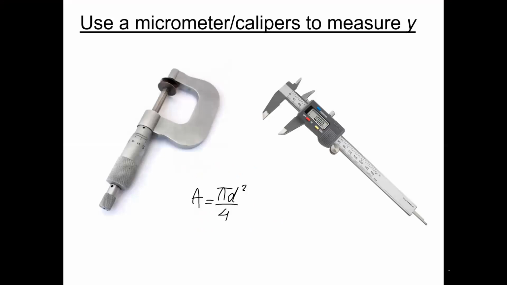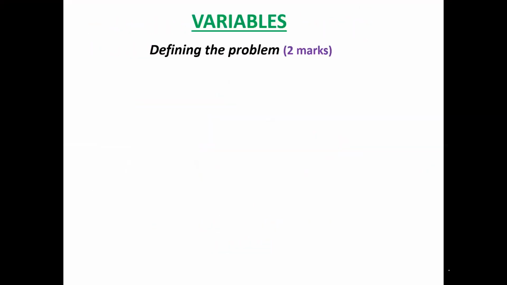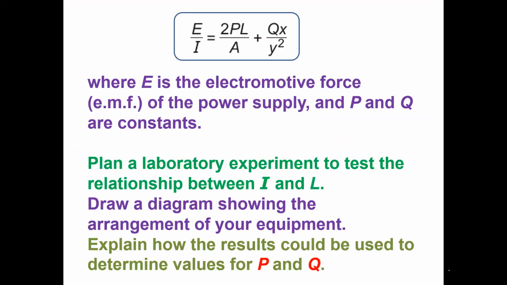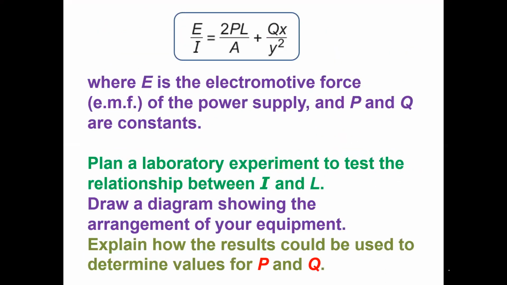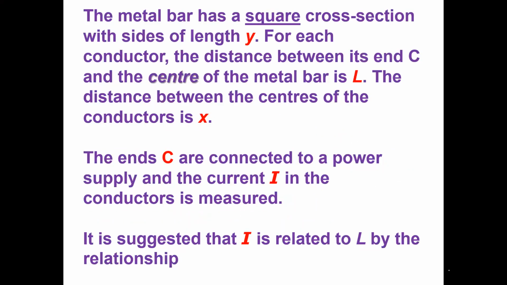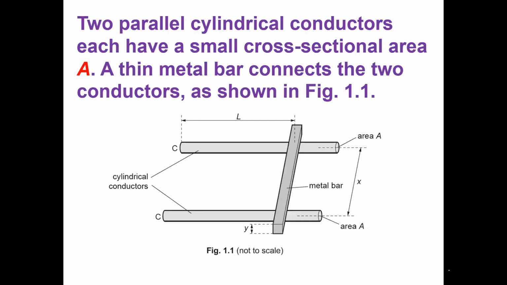Now, area can be found using the micrometer or vernier caliper. So right under it, again, I'm looking back to my formula. Look at this formula, the big one. This cross-sectional area.